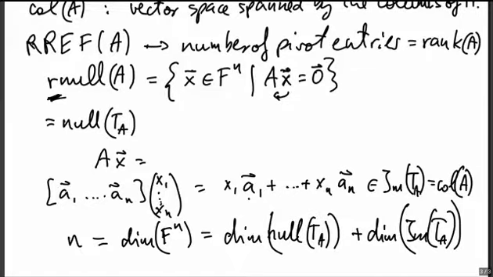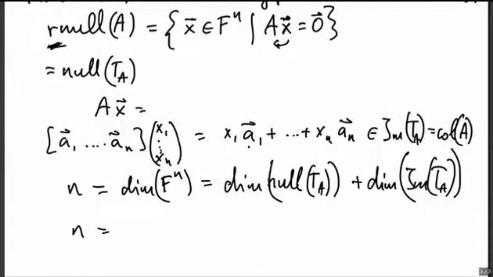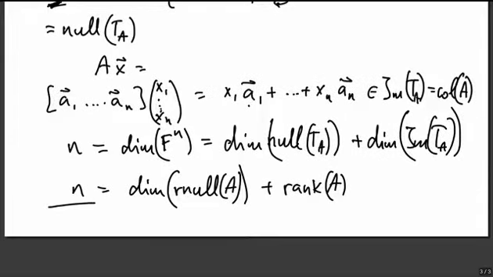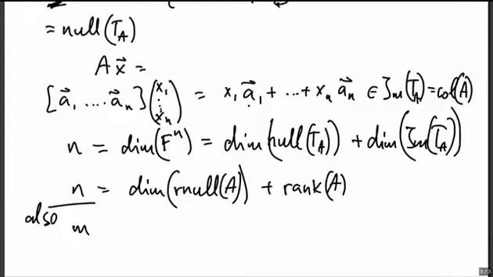That was the previous theorem. And using it for our special case with the matrix, the null space is actually the right null space of the matrix A, and the dimension of the image is the dimension of the column space, which is the same as rank of A. Although we don't often use this, it's also possible to get the equation for the Fn space.